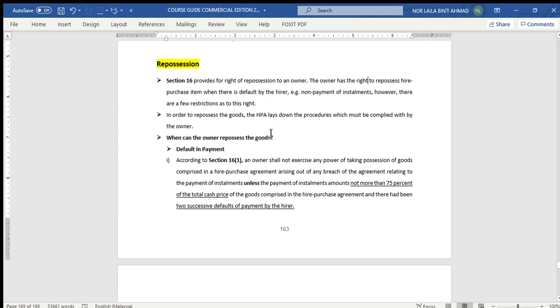First, before we proceed with the discussion of the procedures, we need to determine the defaults in payment first, because these are the conditions that the owner must follow before the owner may proceed with the next procedure.